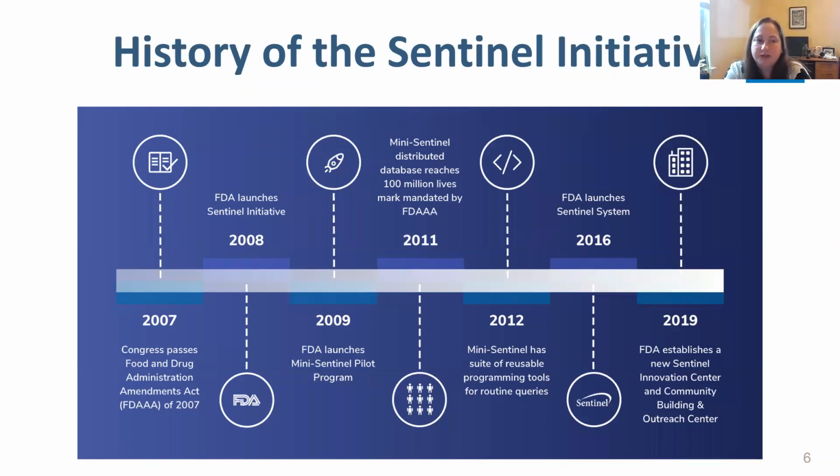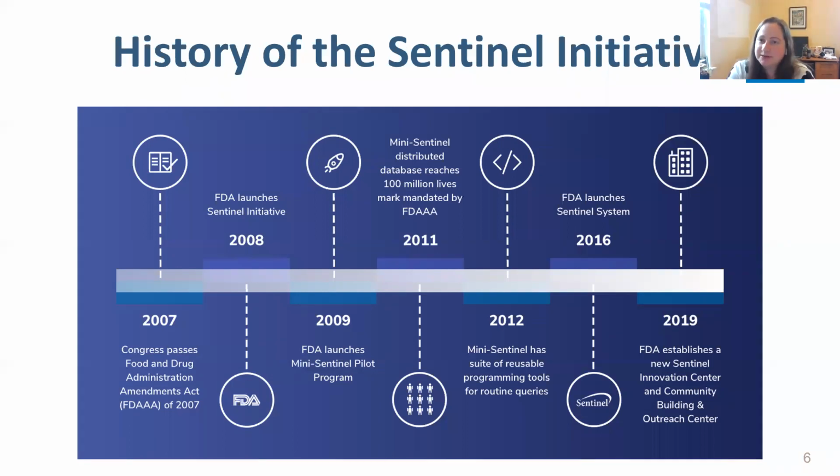I mentioned 2007 was the mandate, but because it takes time to get these things up and running, Sentinel was launched in 2008, with the Mini-Sentinel pilot program launched in 2009. We did meet the benchmark I mentioned on the prior slide of 100 million lives by 2011.